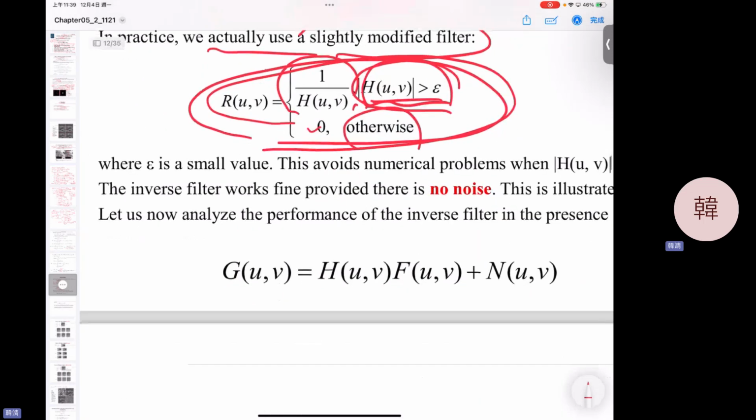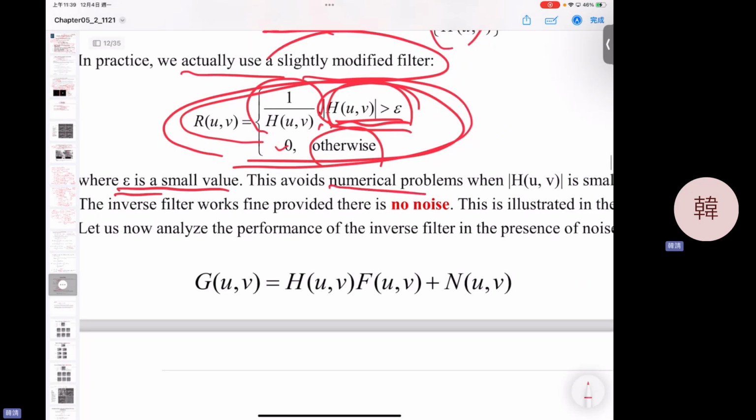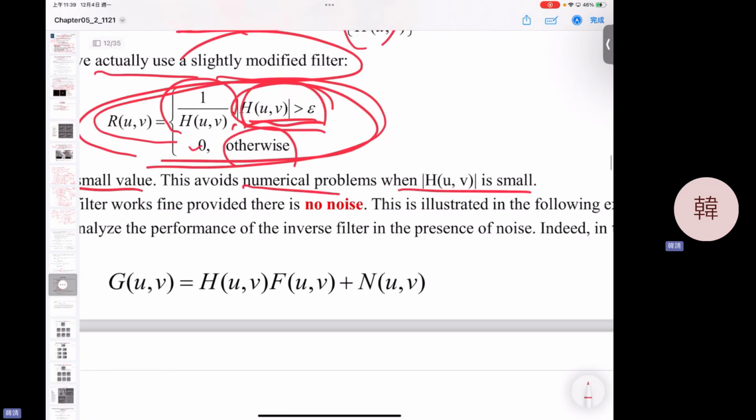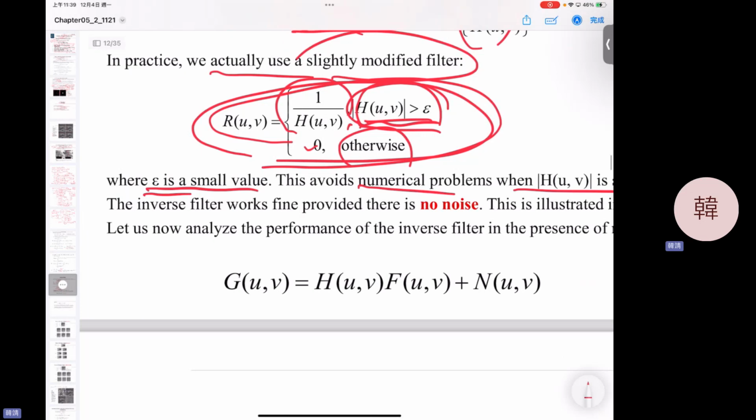It's not going to be a disaster. So epsilon is a small value to avoid the numerical problem when H is small, because it would magnify the energy a lot.